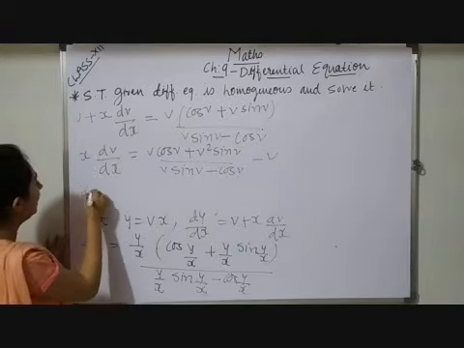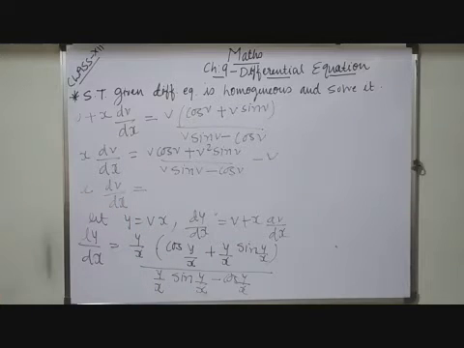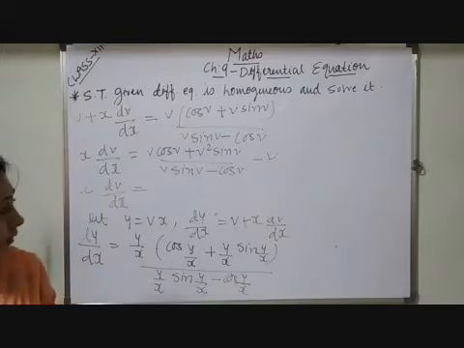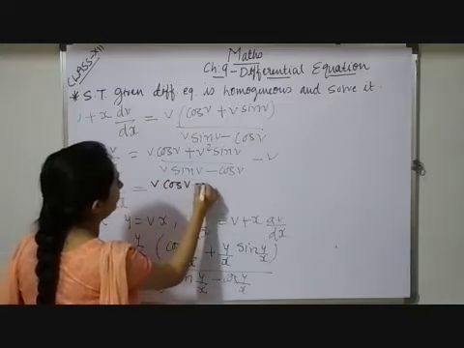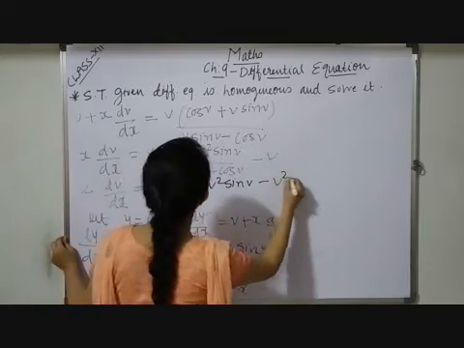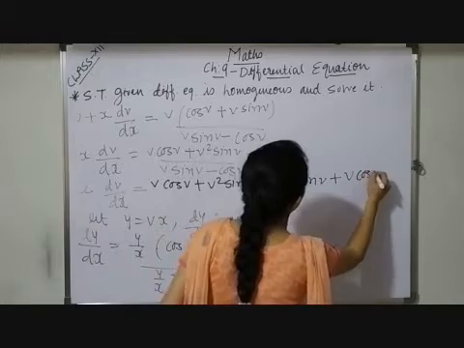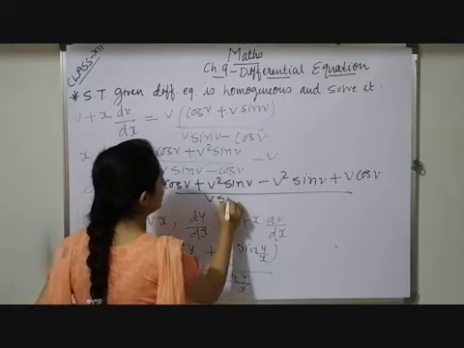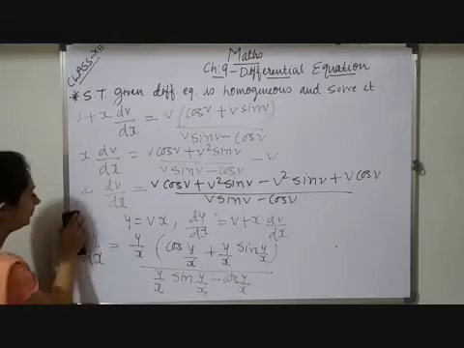So you will get x dv by dx equals v cos v plus v square sin v minus, take LCM, you will get v square sin v, here it will be plus v cos v, this whole divided by v sin v minus cos v.